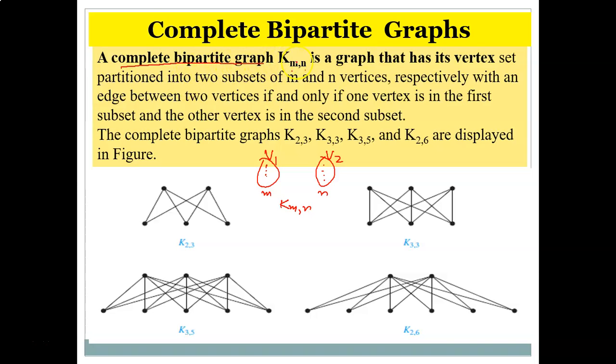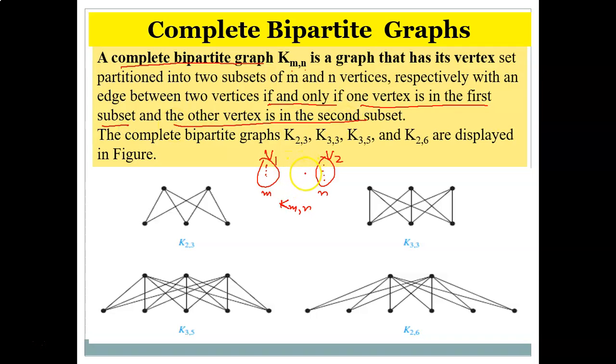So a complete bipartite graph K_m,n is a graph that has its vertex set partitioned into two subsets of m and n vertices, like I have represented over here, respectively, with an edge between two vertices if and only if one vertex is in the first subset and another vertex is in the second subset.